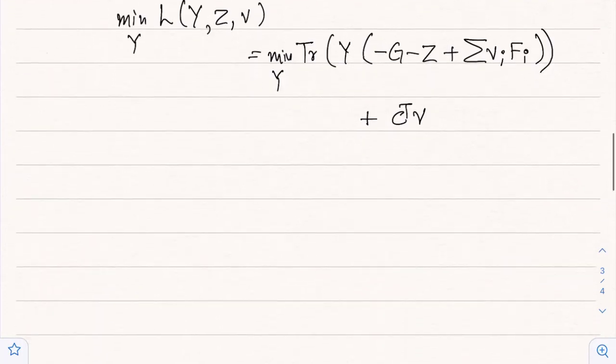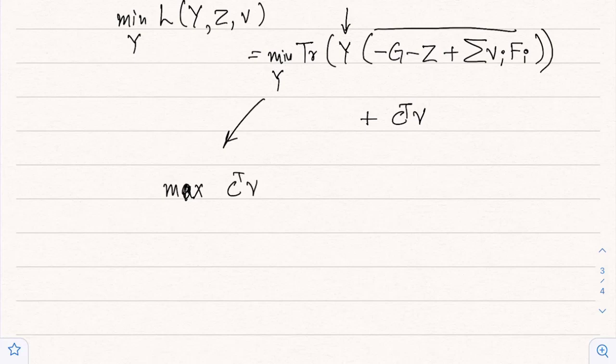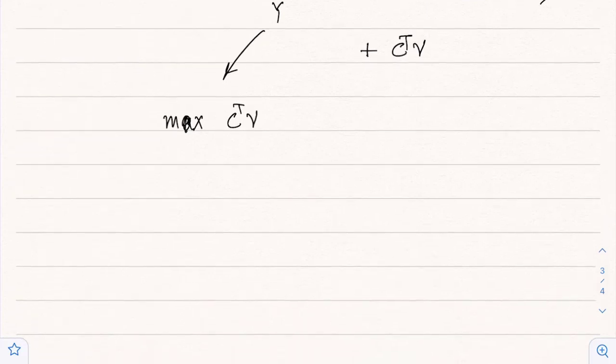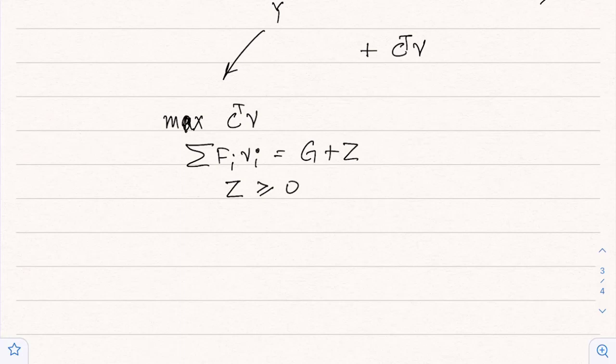This is linear in Y, and therefore its minimization is very simple. We just set this coefficient to be 0. So we obtain the dual form, which is maximization of c transpose nu subject to the constraint that summation of Fi nu i is equal to G plus Z, and we of course have the constraint that Z is positive semi-definite.